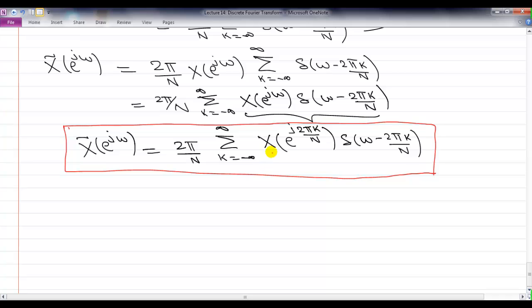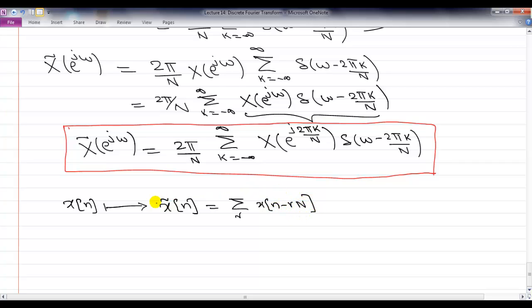as a function of the discrete time Fourier transform of its principal period. Remember the steps that we took. We started with x of n and we made that into a periodic sequence x tilde n, the sum of x of n minus Rn. Okay?